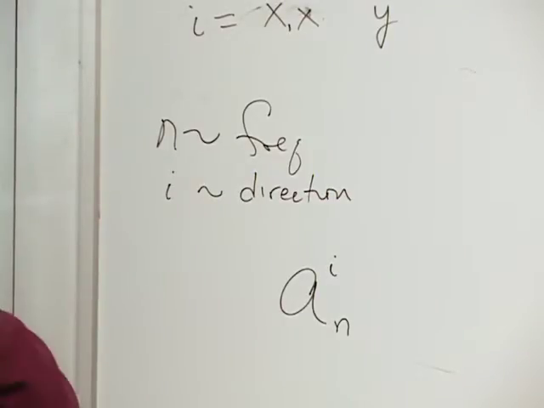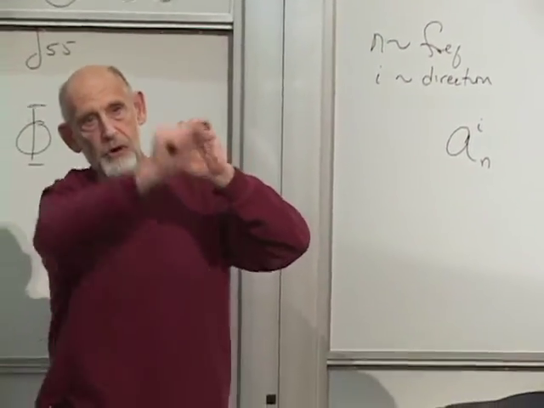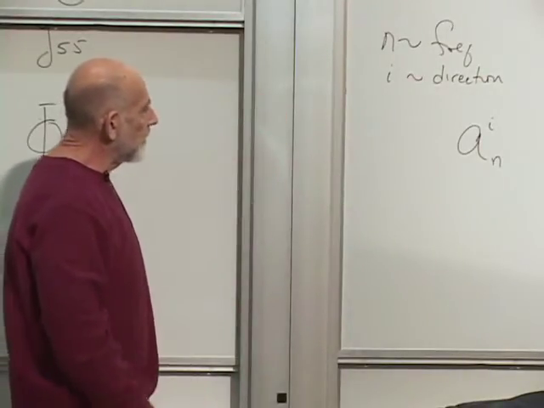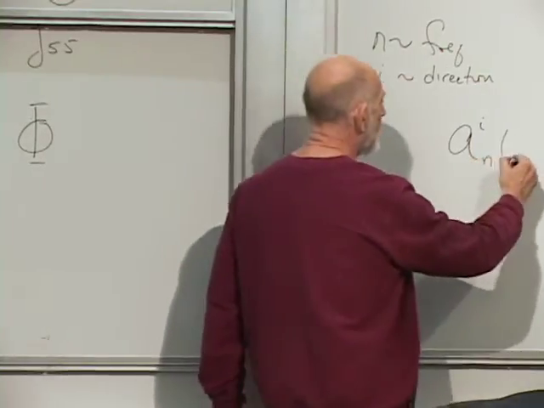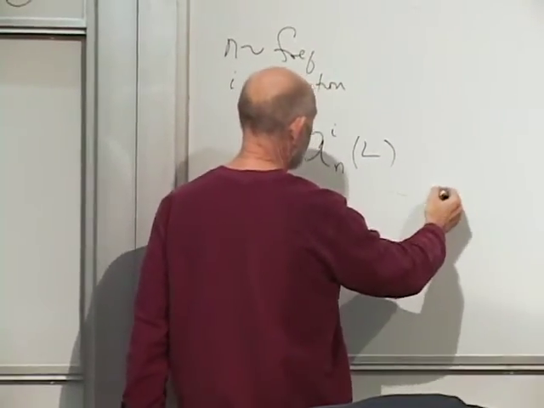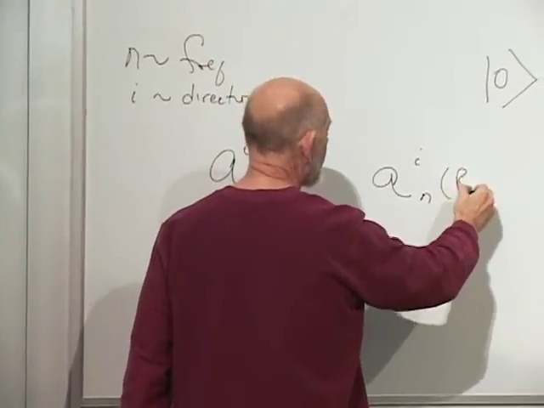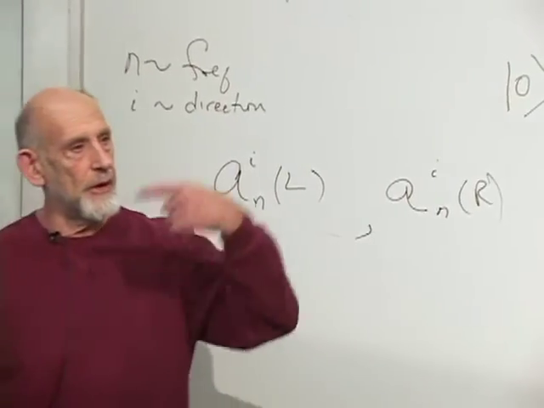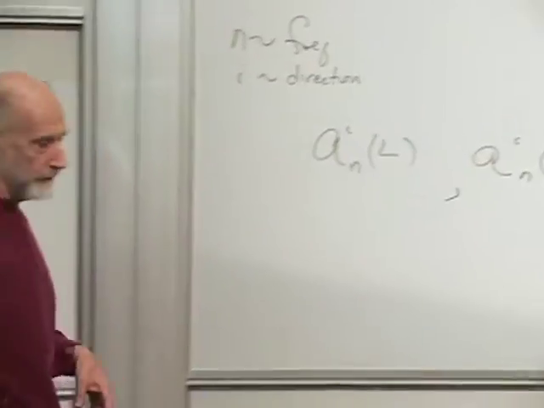Whether the wave is propagating around the string. Remember, the string is oriented. There's little arrows. Whether the wave is going one way around the string or the other way around the string. I don't remember how we labeled the two. Let's just call it left-moving waves and right-moving waves. A-I-N. And left and right here are purely symbolic. They refer to the direction on the string, not left and right in real space.